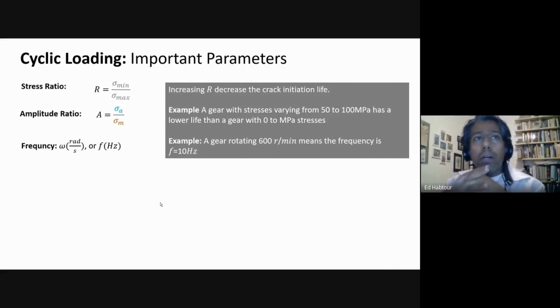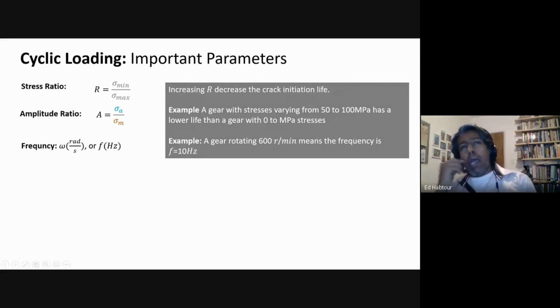Okay, so a couple more important parameters to keep in mind is the stress ratio. And the reason we want to know the stress ratio is it tells us a little bit about the resilience of the material. So it's the minimum divided by the maximum.